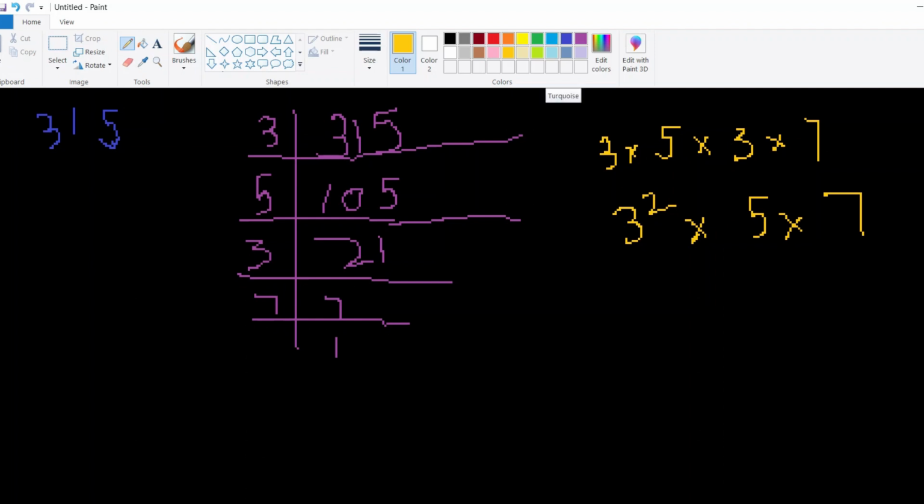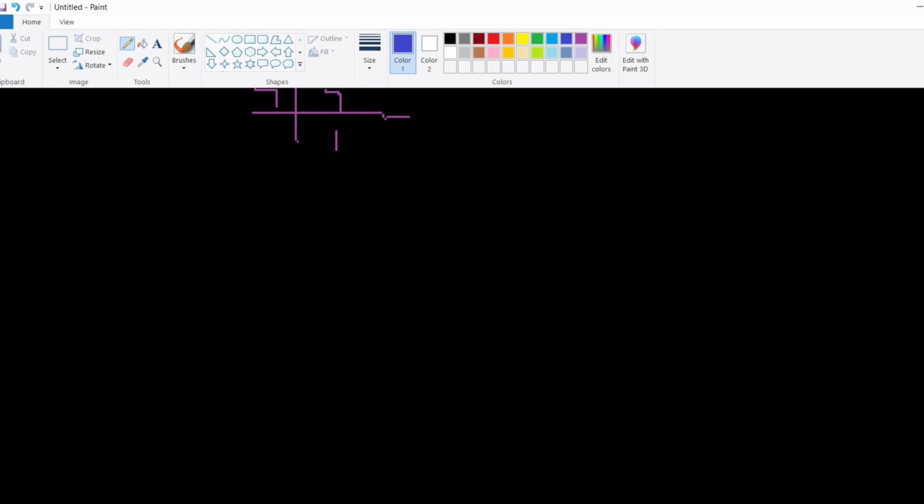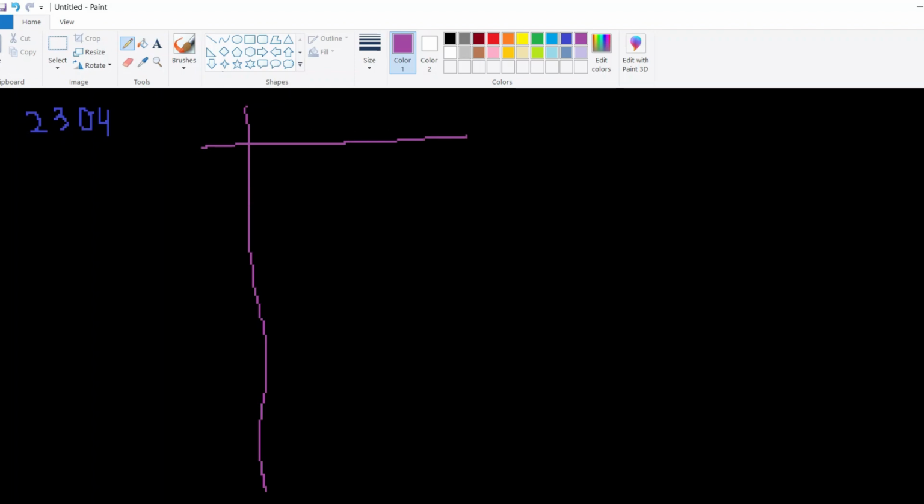Let's take another example, just to get a better idea of the topic. Let's take a bigger number like 2304. Now, if I know the test of divisibility, I know that 2304 ends with an even number, which means it is divisible by 2.